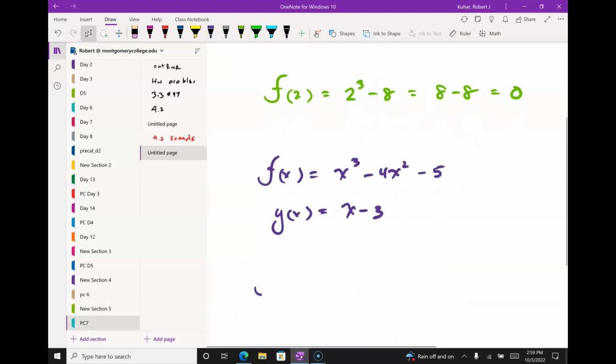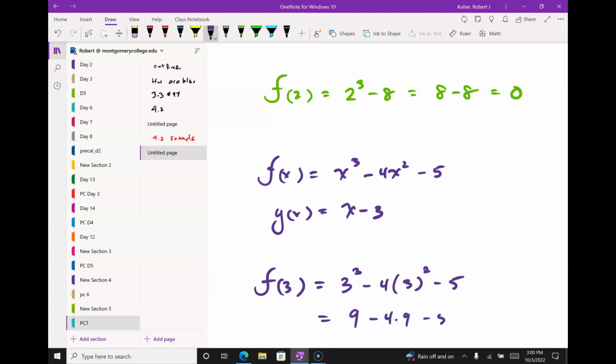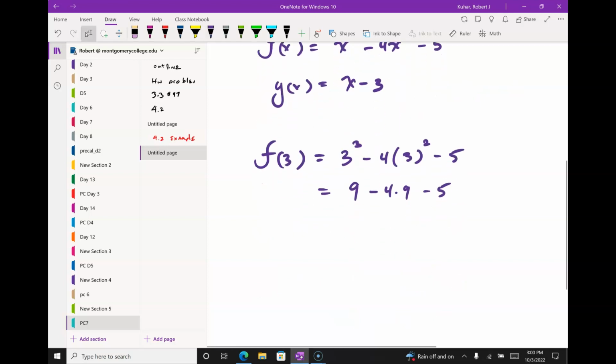So watch what happens when I plug 3 into f. Anybody know the answer yet? All right, here we go. 3 cubed minus 4 times 3 squared minus 5. That's 9 minus 4 times 9 minus 5. That's 36. Sorry, 36 minus 5.